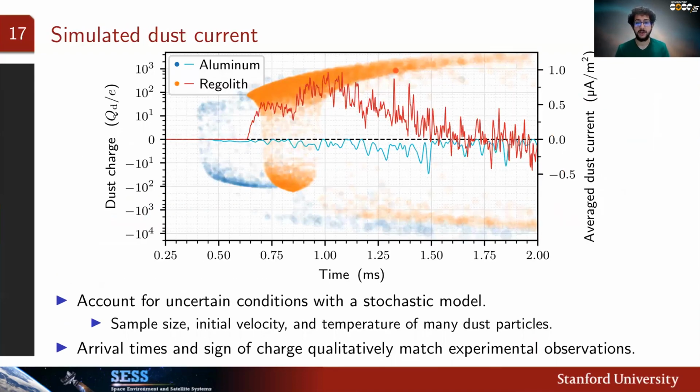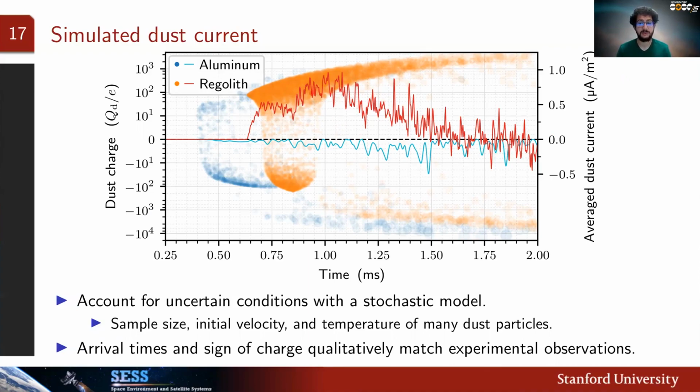Finally, to compare with experimental results, I integrated many trajectories equivalent to the expected flux to a plasma sensor after 50 shots. And this allows me to qualitatively compare with observations and account for the many uncertainties that we have both in the initial conditions, the particle size distribution, and other factors.